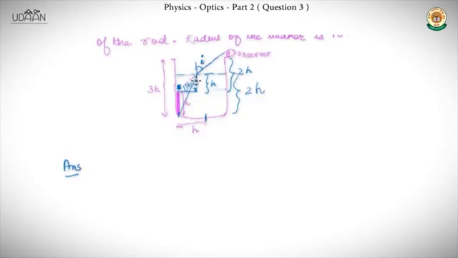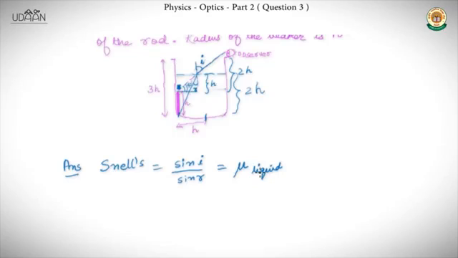Now we see Snell's law, which says that sine I by sine R is equals to mu. Here mu will be equal to the mu of the liquid. So basically this question only involves the calculation of the trigonometric ratios of sine I and sine R. Now we will proceed how we could use the geometry in this.